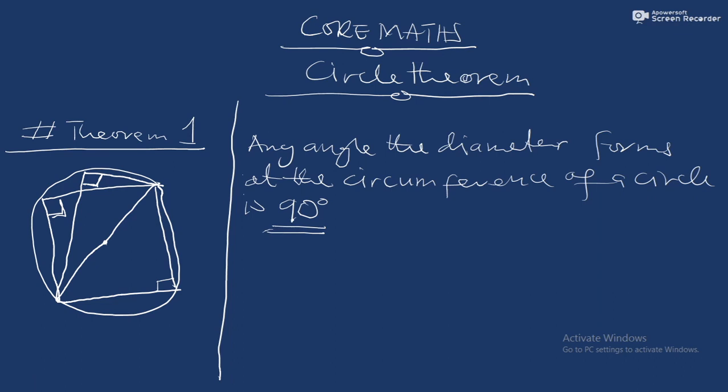So any angle the diameter forms at the circumference is 90 degrees. You have to bear in mind this theorem. Good. So let's try our hands on a question applying this theorem.